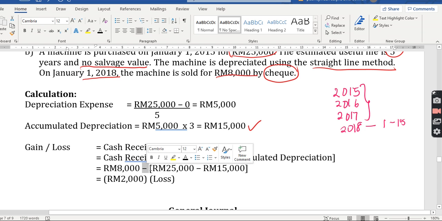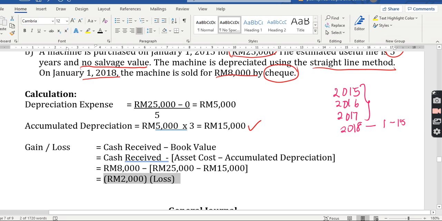So we minus with our book value. The book value is the asset cost, that is 25,000, and then you will minus with the latest accumulated depreciation, that is 15,000. So here you'll get 10,000. So you get your cash receipt minus by 10,000, you'll get negative 2,000 ringgit.